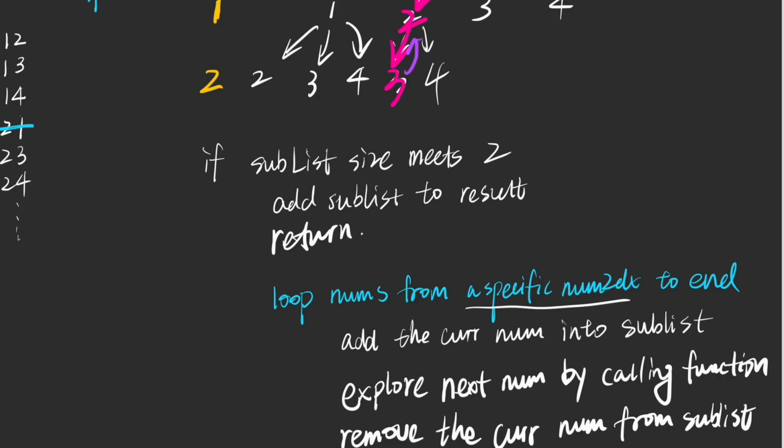After removing it, we finish this current number. We can go to the loop to loop another number, which is 4. So we can go to the 4, and we can add the 4. After we add 4, we call this function.